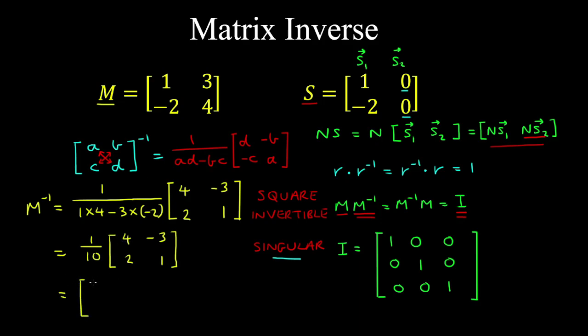So that would give 4 on 10, or 2/5, minus 3 on 10, 2 on 10, which is 1 on 5, and 1 on 10. So we're just multiplying a scalar by a matrix.